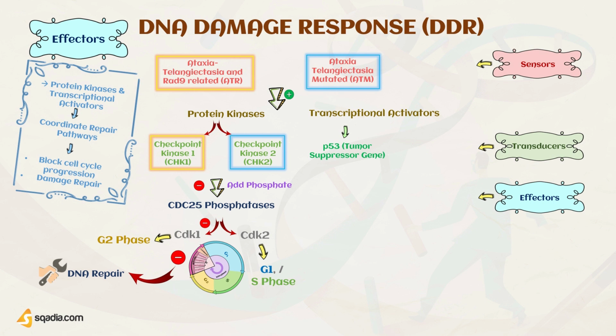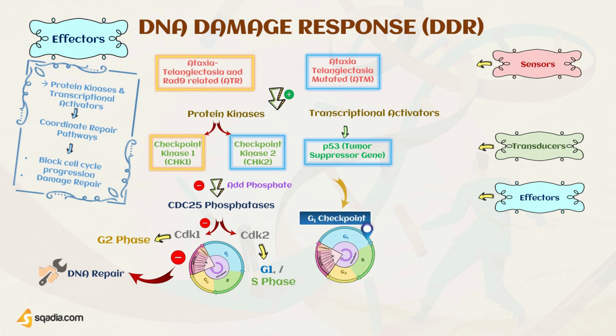In mammalian cells, arrest at DNA damage checkpoints is also mediated by the action of an additional protein, known as p53, which is phosphorylated by both ATM and CHK2.